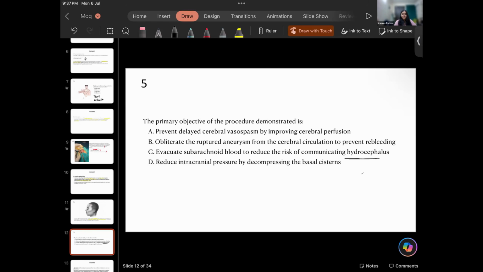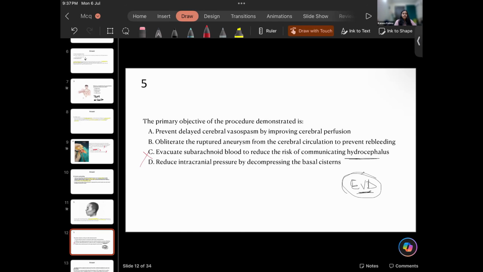And this is treated by an EVD, an external ventricular drain, which symptomatically drains out the excess blood. So this is an external ventricular drain and not the clipping. So this is not the option.